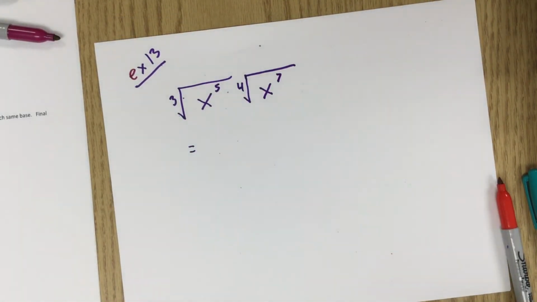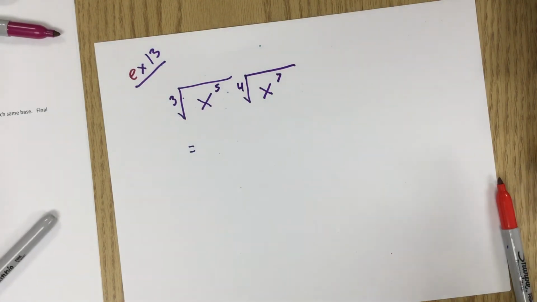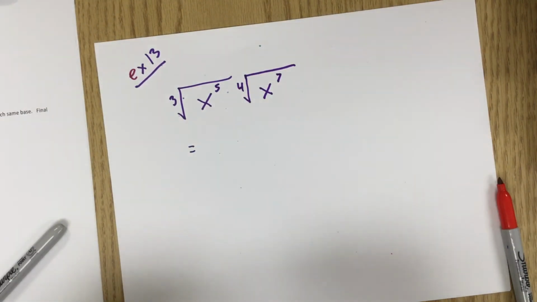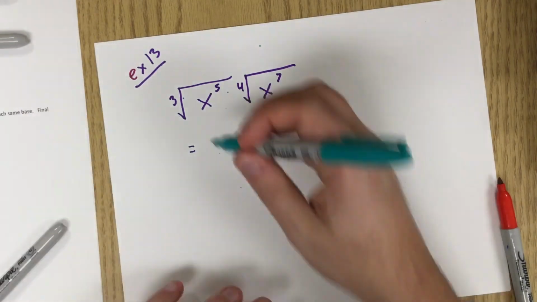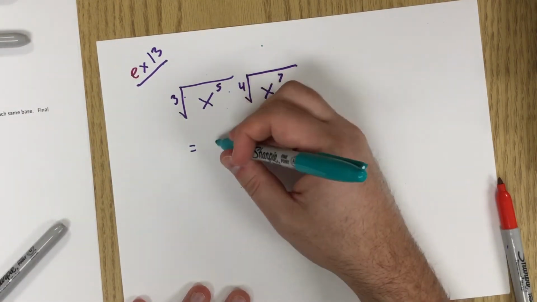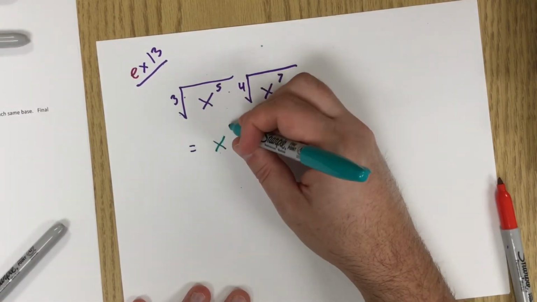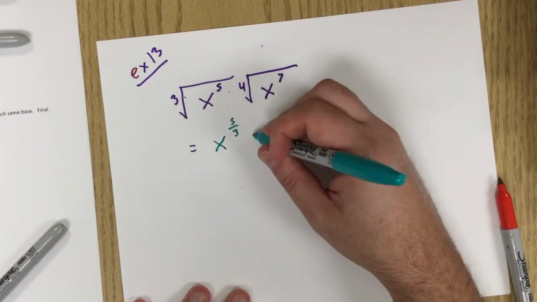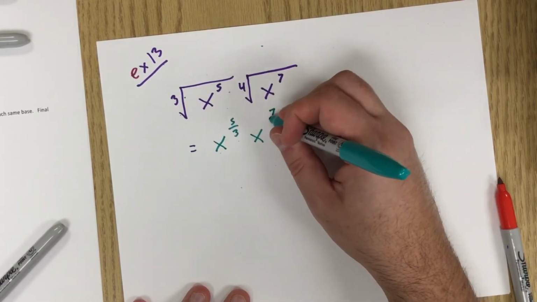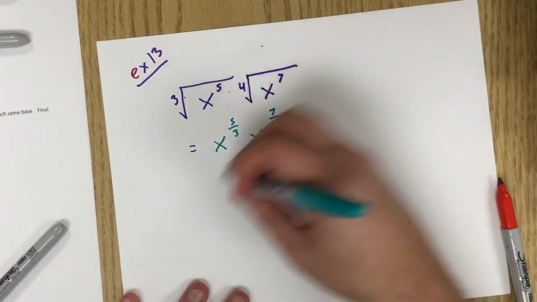We're going to write it as exponents first. So that's going to be x to the 5 over 3 times x to the 7 over 4, which we're going to add.